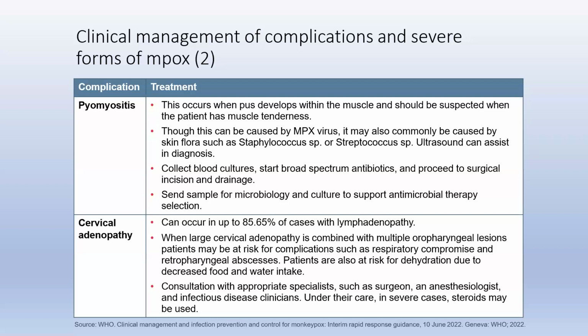You need to collect blood cultures and also cultures from the muscle, especially because you're suspecting bacterial infection. It will aid in diagnosis and treatment, and then initiate broad-spectrum antibiotics, and then your surgical incision and drainage. And as I've said, send the samples for microbiology to guide antimicrobial therapy.